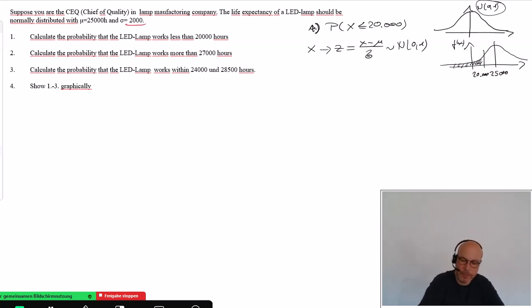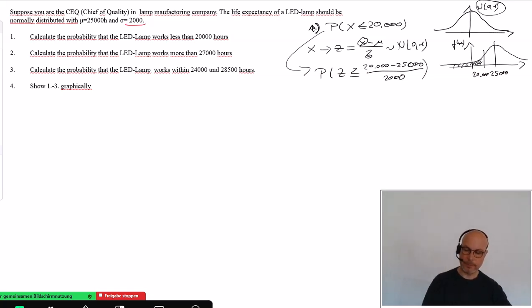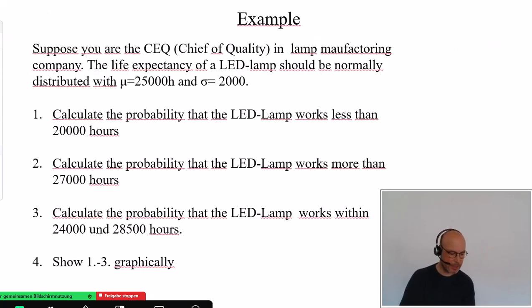This we have shown. So now inserting our limit for x, this probability equals the probability of z smaller than 20,000 minus 25,000 over 2,000, and this is of course minus 2.5.